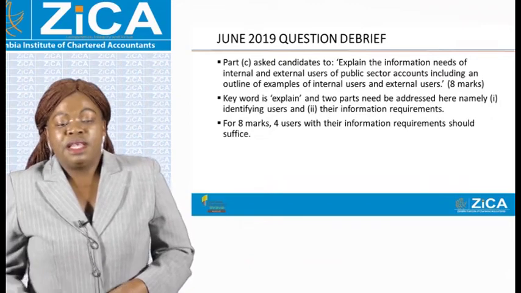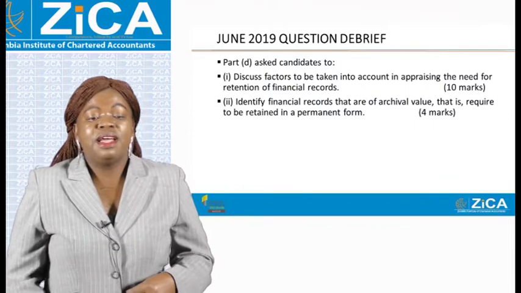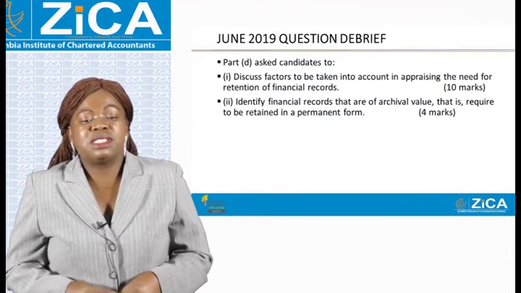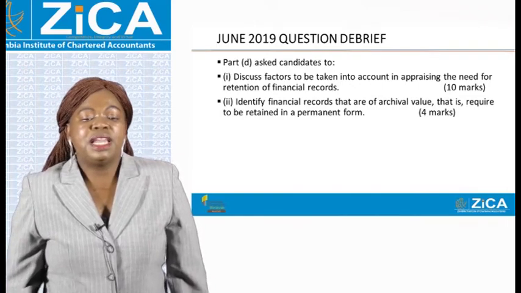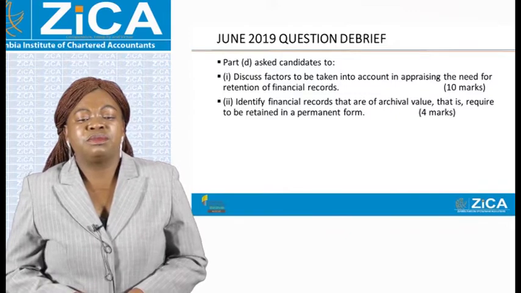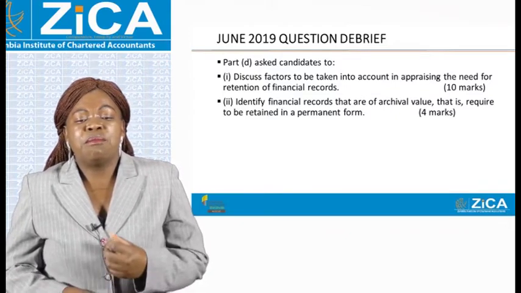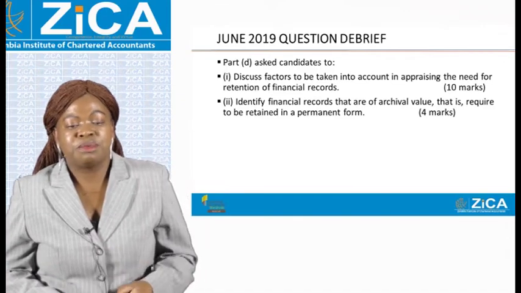Another question in this paper, part D, required the candidates to discuss the factors that are to be taken into account in appraising the need for retention of financial records. This was a 10 marks question, and the command word used is discuss.